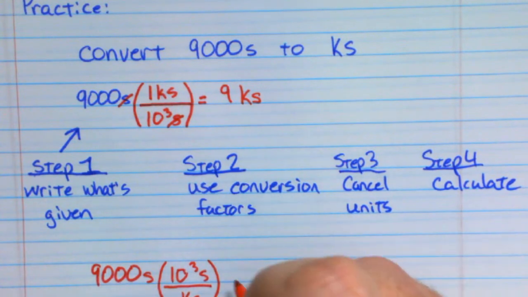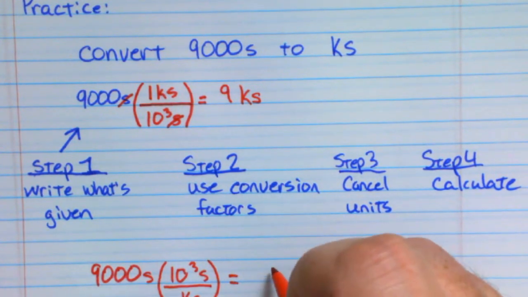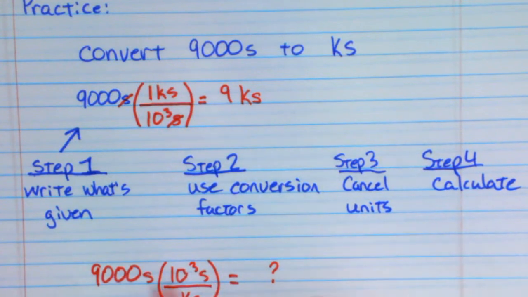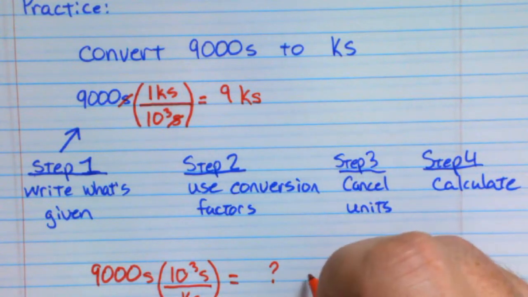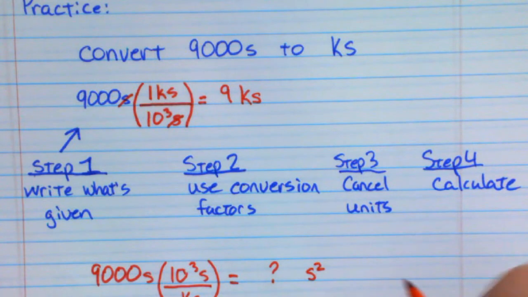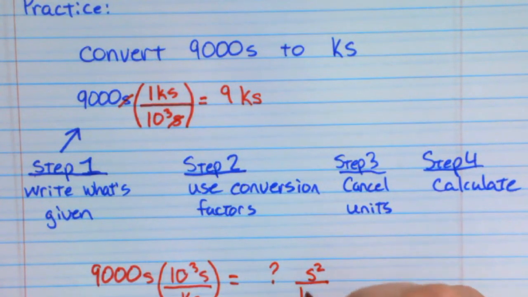That gives you seconds times seconds. So we're not going to worry about the calculation right now. We're just worried about the units. Seconds times seconds gives you seconds squared. And then our unit down here is kiloseconds. And that's not what we're looking for.